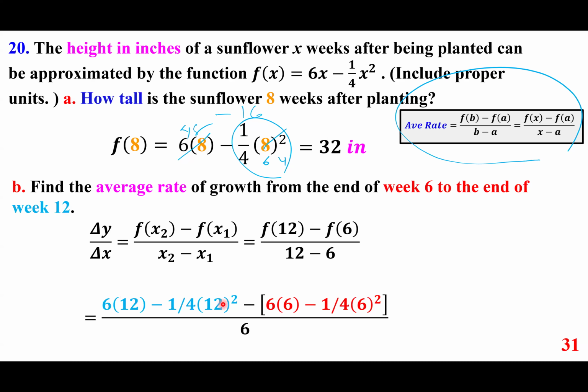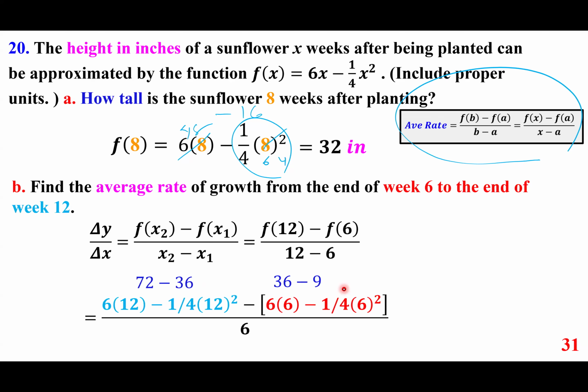This is 72. 12 squared is 144. 1/4 of it is 36, so we get 72 minus 36. This is 36, so is this one. 1/4 of it is 9, so this is 36 minus 9.